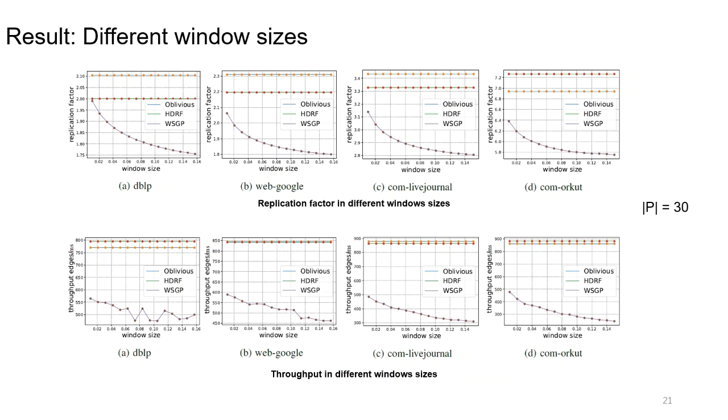By increasing the window size, the replication factor is reduced continuously. And in the four graphs on the bottom, the throughput for WSGP is worse than the others because WSGP has higher algorithm complexity.